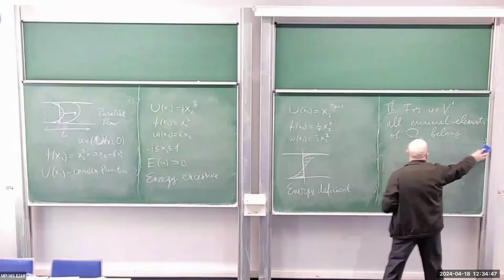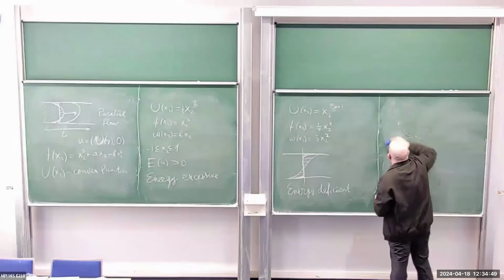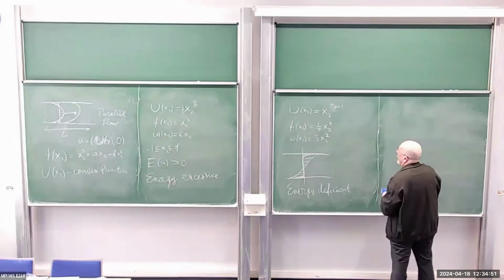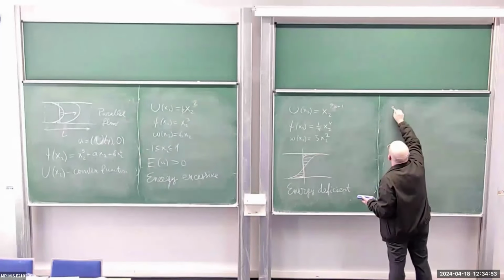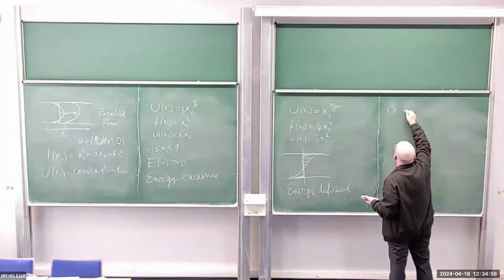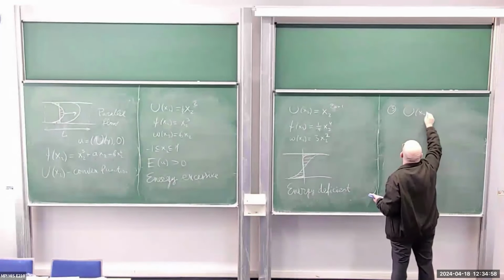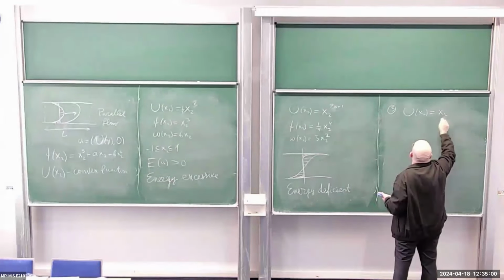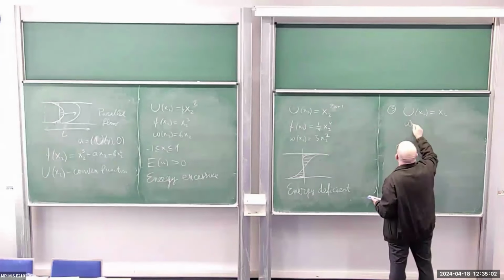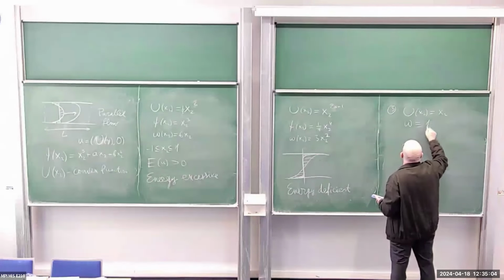And the last case is when vorticity is constant. U of x equals x, omega equals 1.